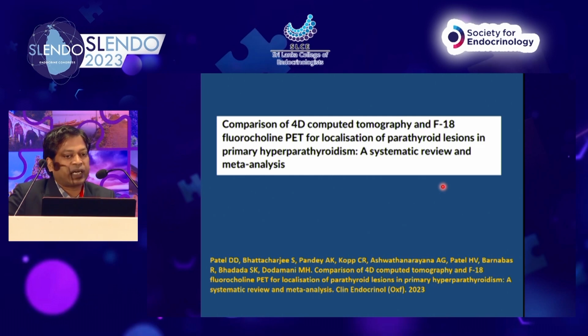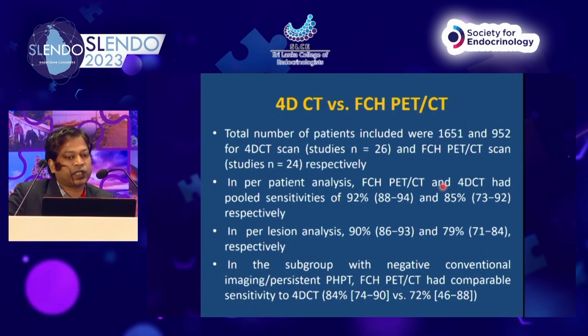Here is the meta-analysis comparing 4D CT versus choline PET scan. They included almost 1,600 patients with 4D CT and 952 patients with choline PET scan. In per-patient analysis, the PET scan had 92% sensitivity and CT scan had 85% sensitivity.